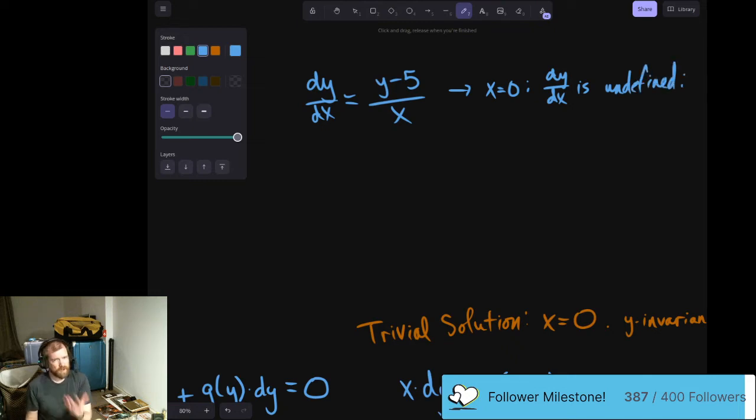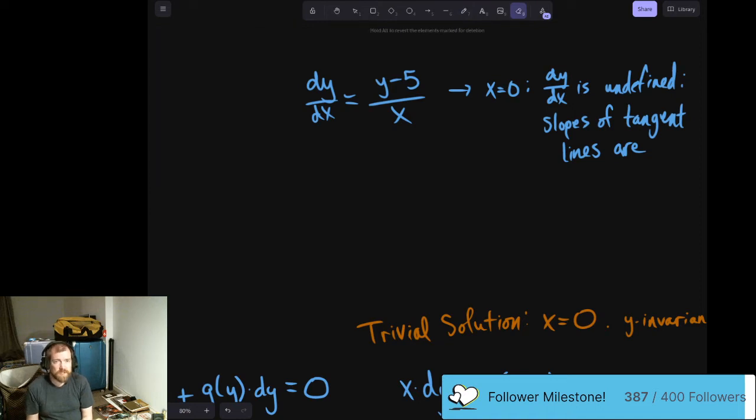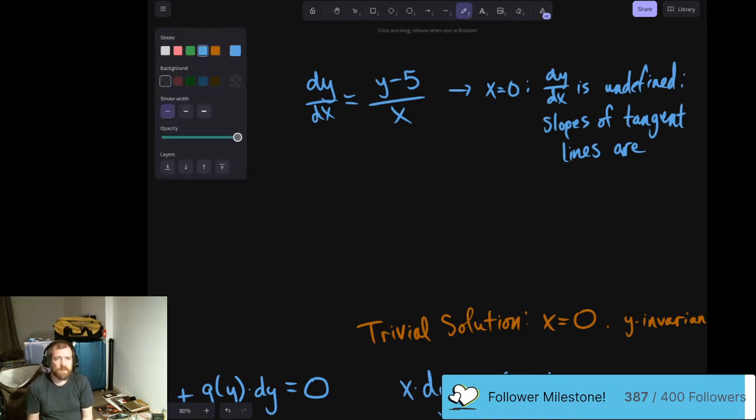And what that means for us is that the slopes of the tangent lines are, okay, undefined.